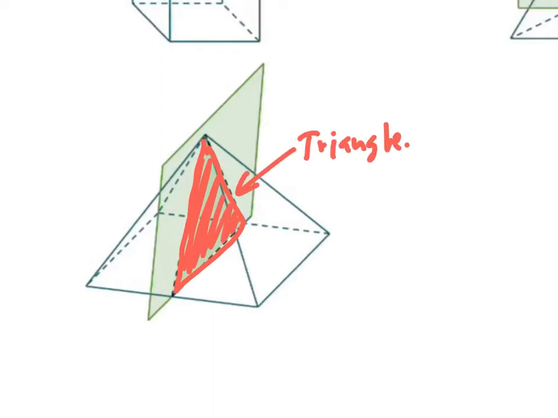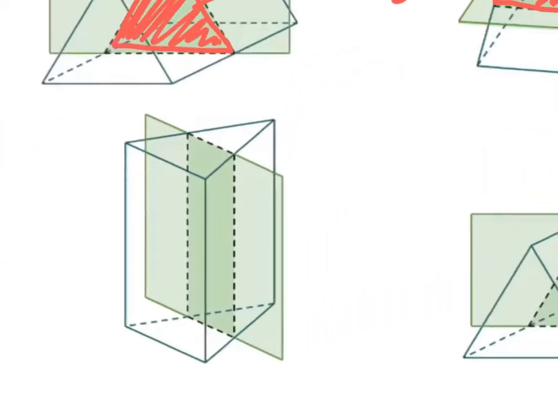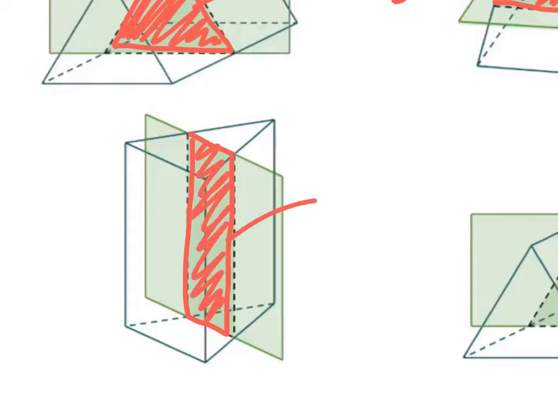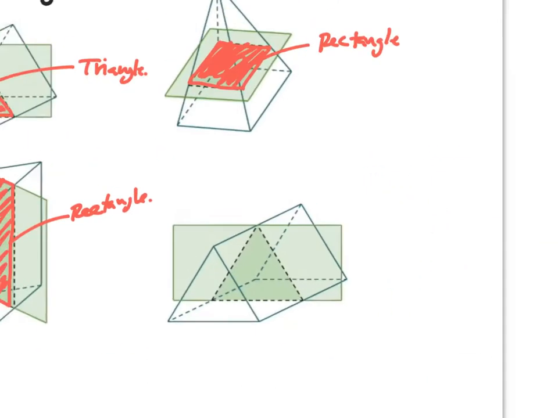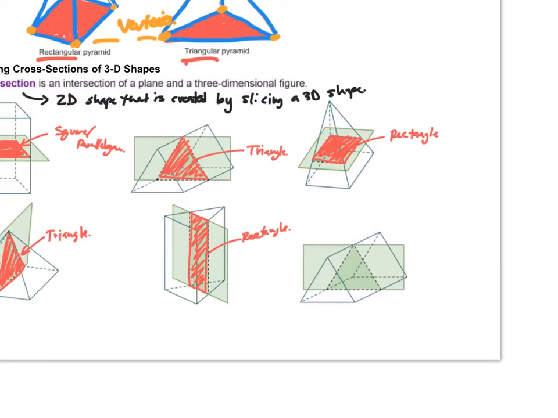Over here, if we took a triangular prism and did a vertical cross section on it, the resulting shape would be a rectangle. Same thing over here, and I think we already had one of these. Yeah, we already did.